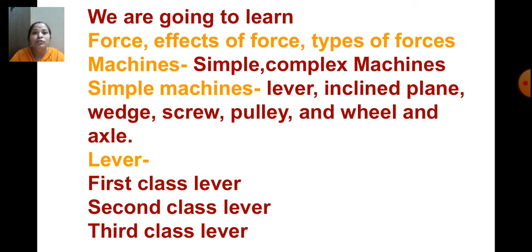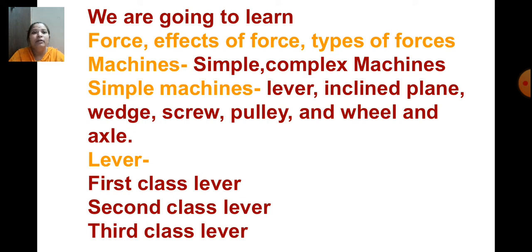So what are simple machines, children? The machines which are made up of only a few parts are called simple machines, whereas complex machines are made up of so many parts.